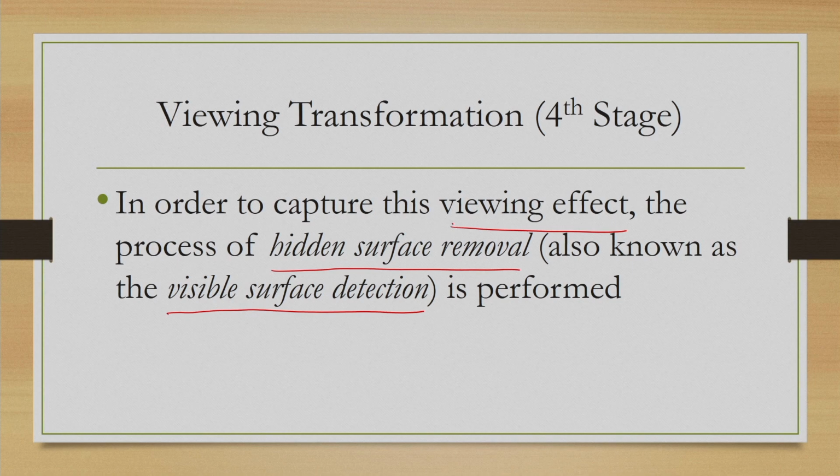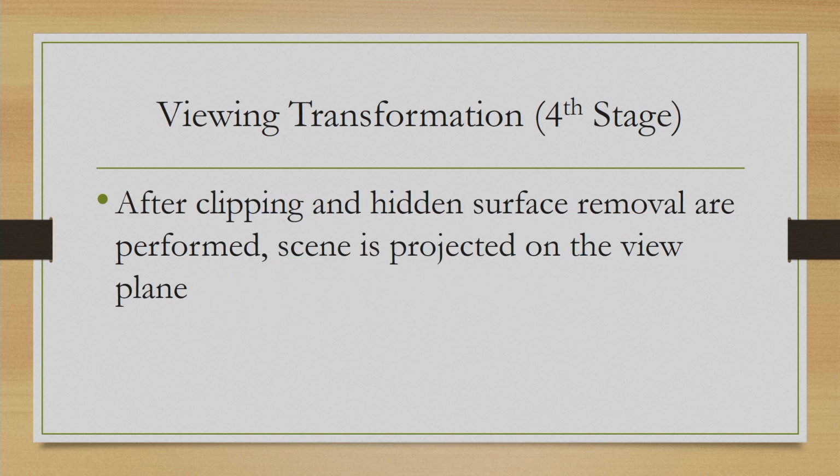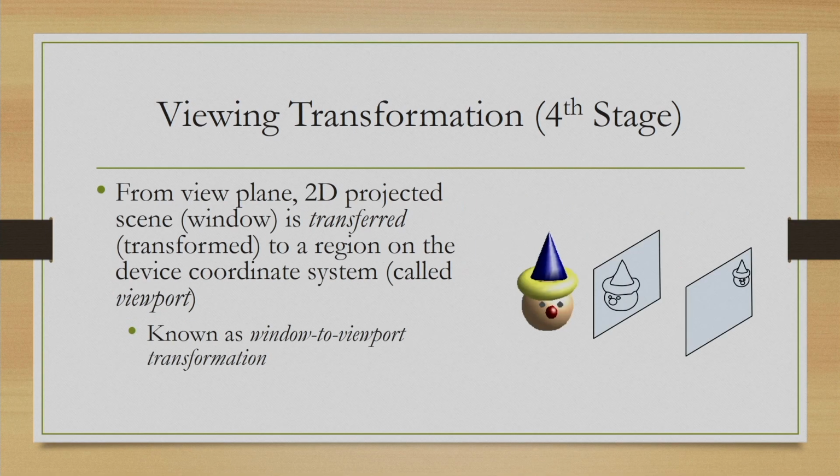So, to generate a realistic viewing effect along with clipping, we perform the hidden surface removal or visible surface detection operations. After clipping and hidden surface removal operations, we project the scene on the view plane, that is a plane defined in the view coordinate system.